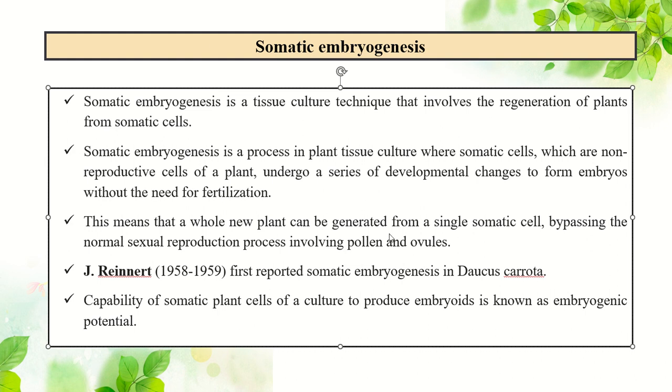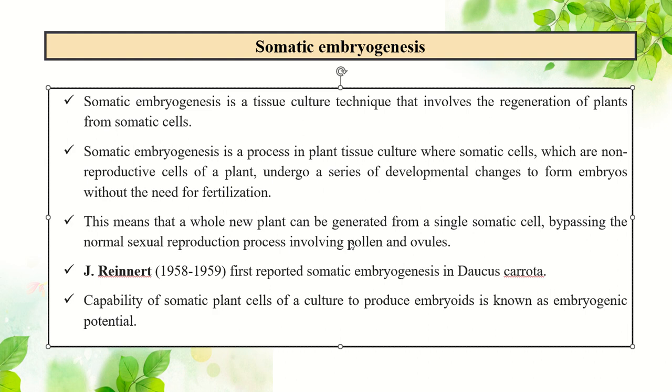Somatic embryogenesis was first reported in Daucus carota by Reinert and Miller. They showed the capability of somatic plant cells in a culture to produce embryos, and that is known as the embryogenic potential of that particular plant.